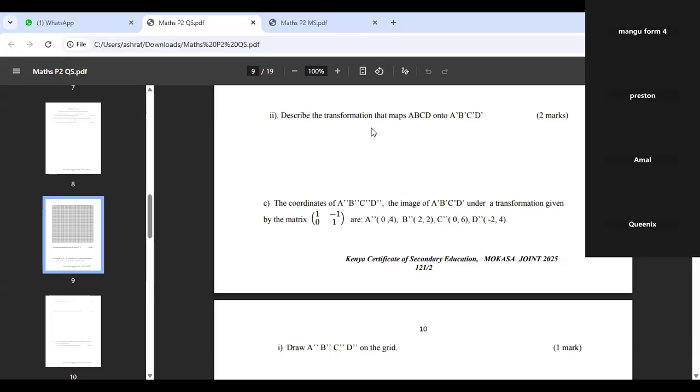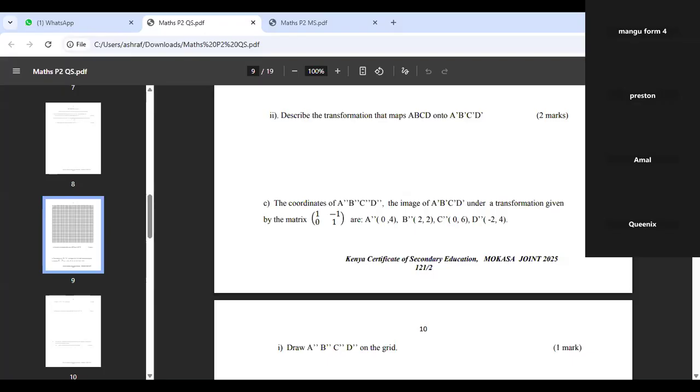We call it Y. So now if you want to get a single matrix that will map A, B, C, D, the object, onto the second image directly, you can get it by multiplying these two matrices. But you arrange them in the order YX. You multiply them in the order YX. Have you understood? Thank you.